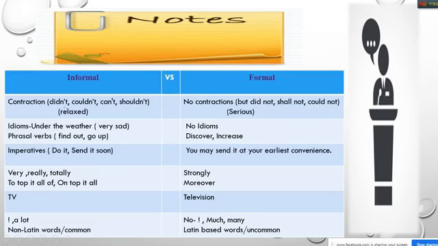What is contraction? Didn't. The full form of this word is did not. Shouldn't, shall not. Couldn't, could not. You must be serious while you write a formal letter, right? And then idioms, like under the weather.